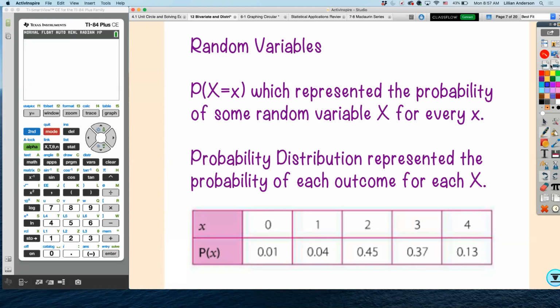The thing about a probability distribution table is that all of these probabilities should add up to equal what? Should add up to equal 1 if it truly is a probability distribution, okay? Sometimes the probabilities won't add up to equal 1, and in those cases, it's not a probability distribution, and you have to tackle it a different way.